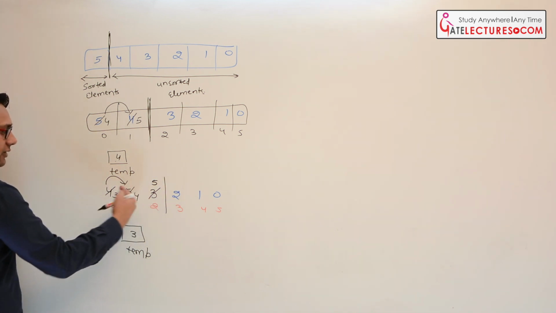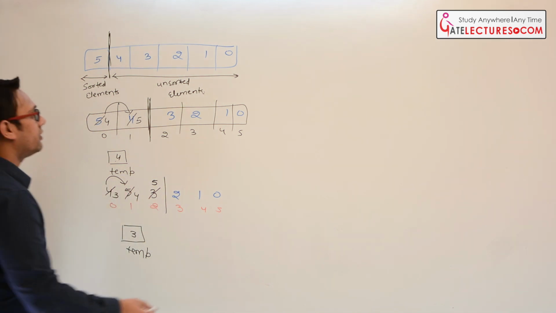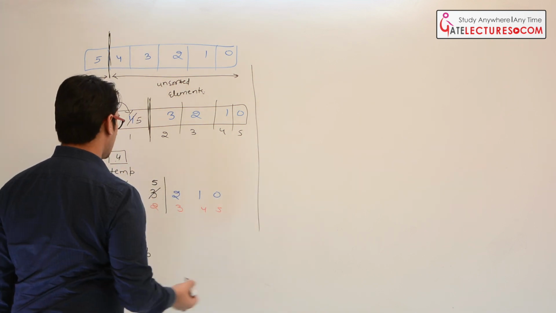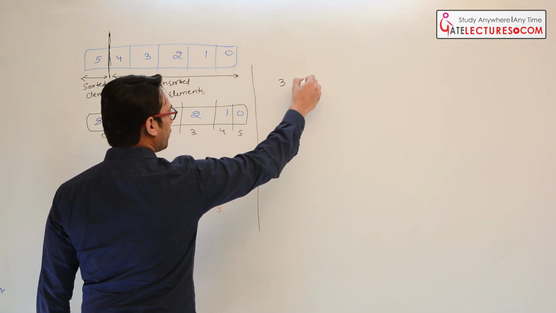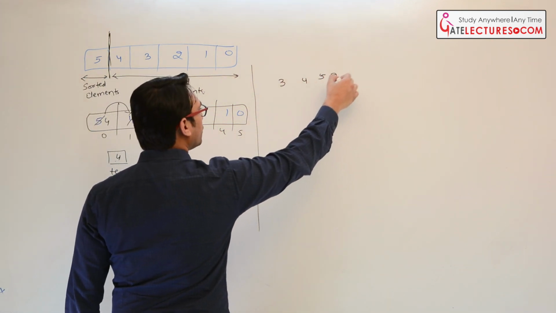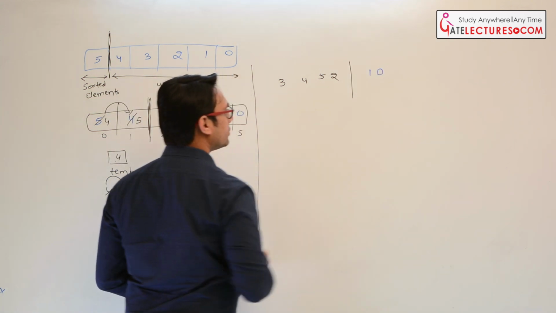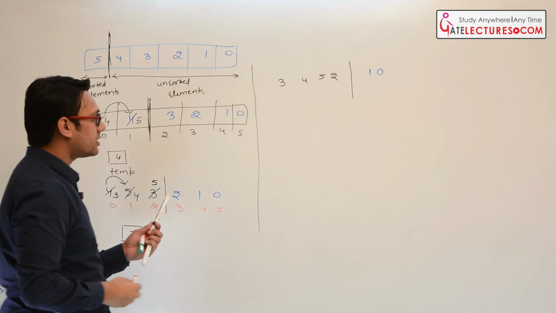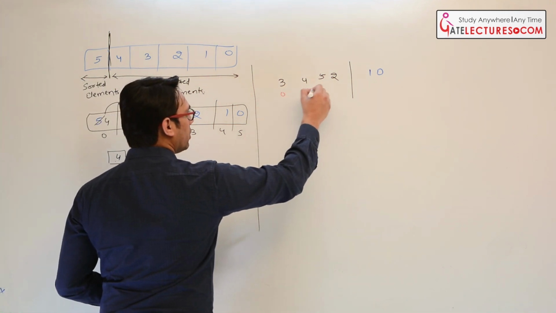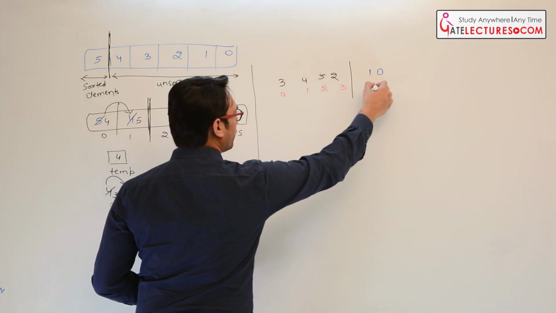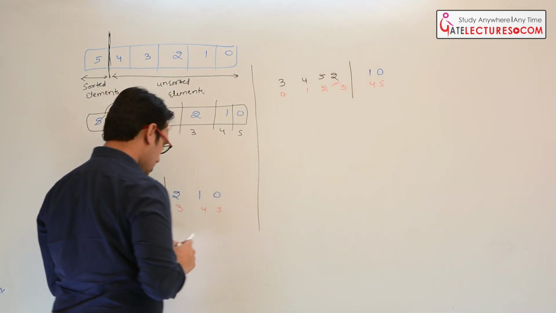Now take one more data from this unsorted array. Now we have the data items 3, 4, 5, 2, and then we have 1 and 0. The index locations are 0, 1, 2, 3, 4 and 5. Now we have to sort this 2.